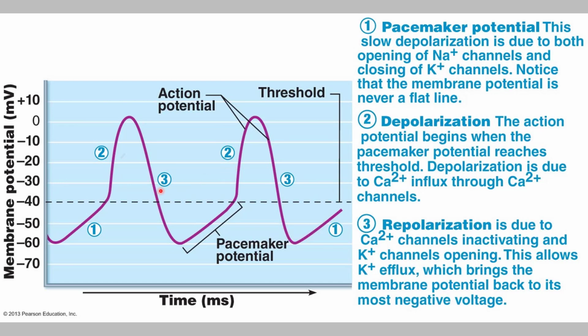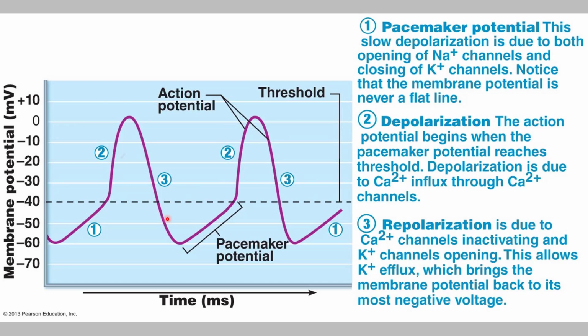Now, a couple of things to notice. This part right here is due to that calcium. Calcium has a double positive charge, so it gets us depolarized pretty quickly. Also notice, between one action potential and the next, there is no period of rest.